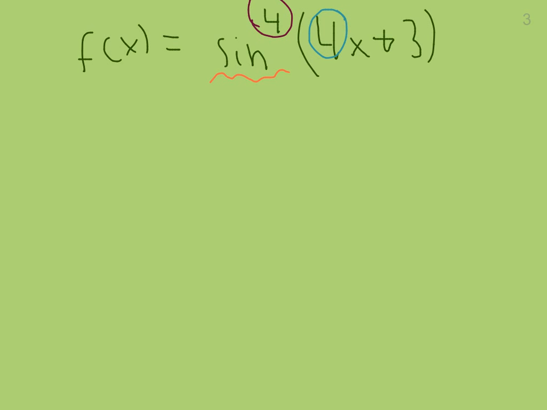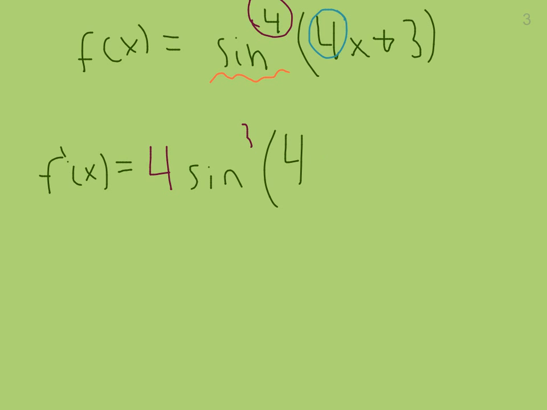So we start with our outermost layer, which is the 4. So we have f prime of x, and the first layer, the outermost layer, is the 4. So we have 4, and then we leave everything else unchanged: sine of, and remember, now it's cubed because we dropped it down, 4x plus 3.